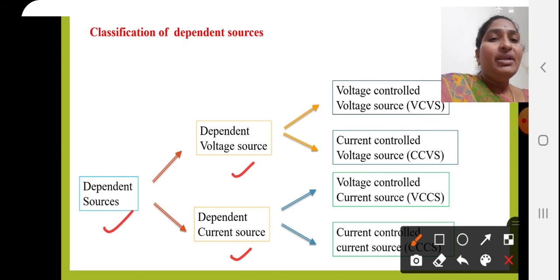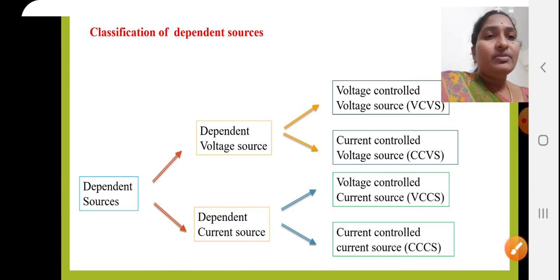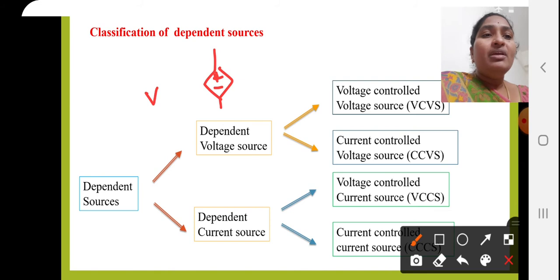These dependent voltage sources are basically voltage sources. This voltage source is a dependent voltage source, denoted by the symbol diamond, and the magnitude of this voltage is V. But here it is dependent on some other parameter.